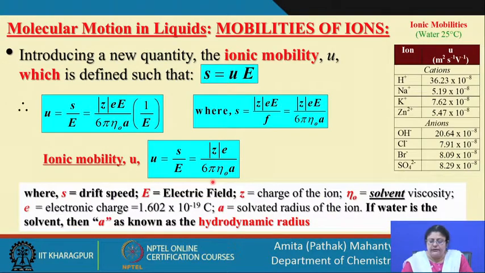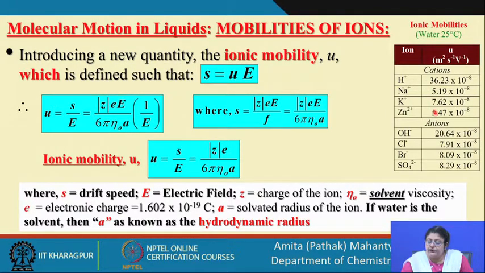Now, look at these values. Just have a look at the ionic mobility values which I have written down. This is sodium, this is potassium, that is zinc, and this is H plus. The order of the mobility is 10 to the power -8 for all of them, but when we look at sodium, potassium and zinc, just have a look at the trend.